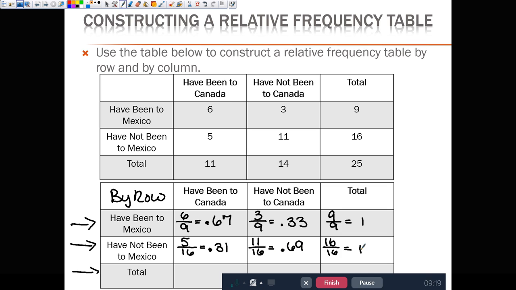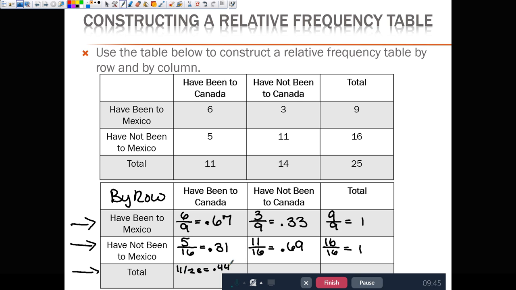All right, and then we still have to do the total row here. So what is my ratio going to be here? 11 over 25, which as a decimal will be what? 0.44.